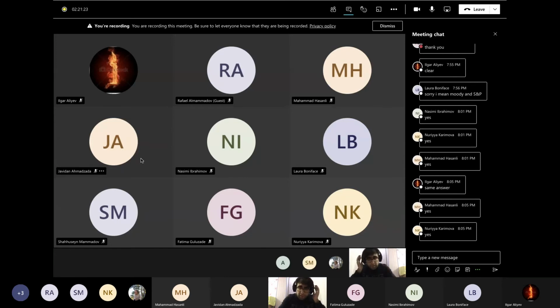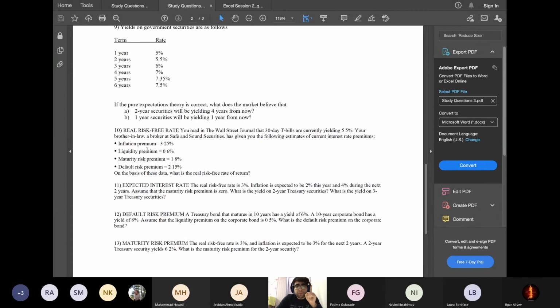No default risk. Therefore, we have only inflation risk premium and risk-free rate, and our yield is 5.5%. Let me write here. R is equal to 5.5%. We have only the inflation risk premium, IP, 3.25%.